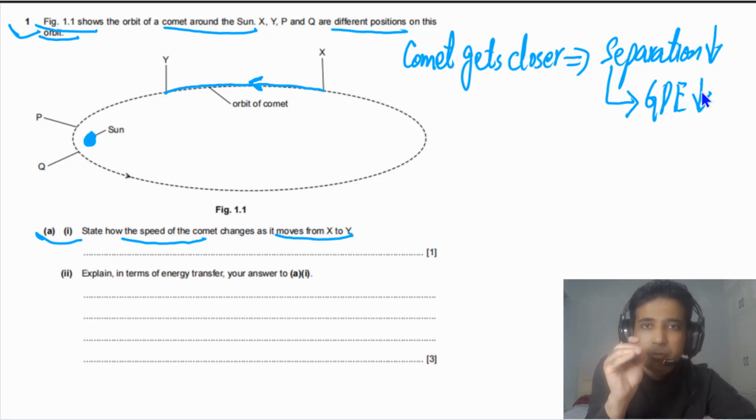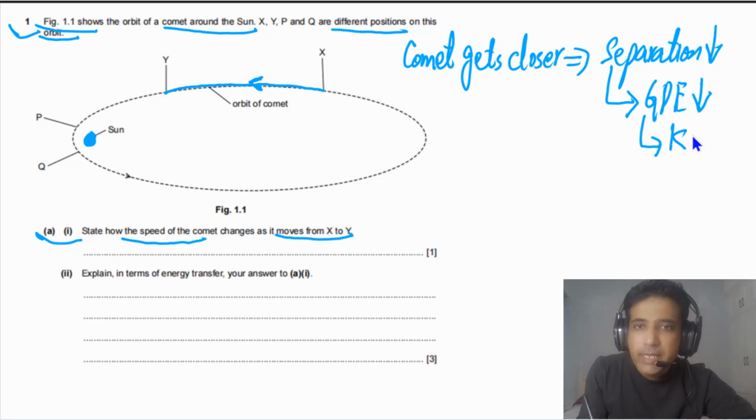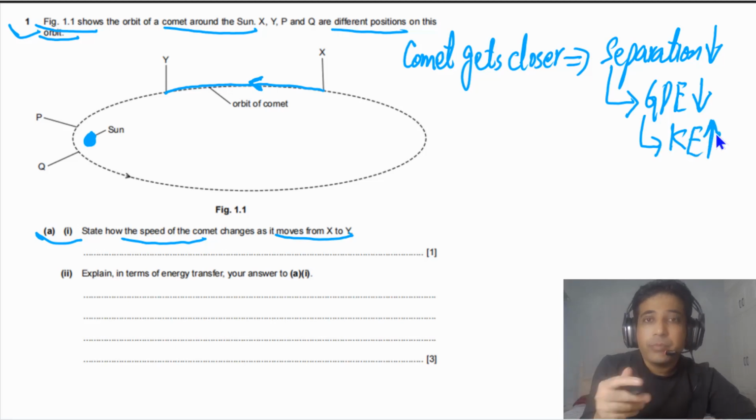So the total mechanical energy of the comet remains constant. So if GPE decreases, kinetic energy will increase. If the kinetic energy of the comet increases, but the mass remains constant, it means that the speed of the comet will increase. So simply we can say the speed of the comet increases.